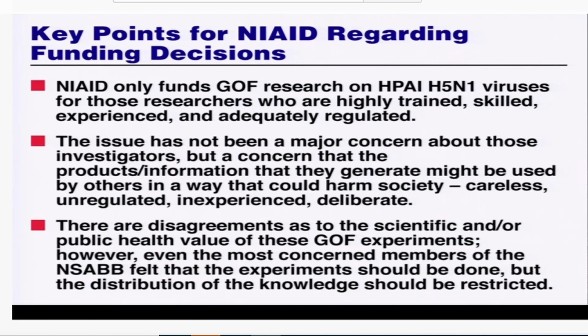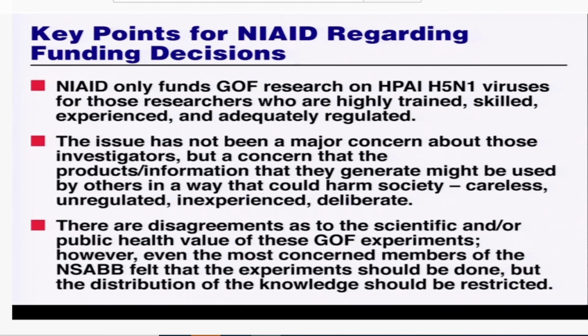There are disagreements as to the scientific and/or public health value of these experiments. But I believe the people who feel that they shouldn't be conducted are in the minority, because even the most concerned members of NSABB felt that the experiments should be done, but the distribution of the knowledge should be restricted.